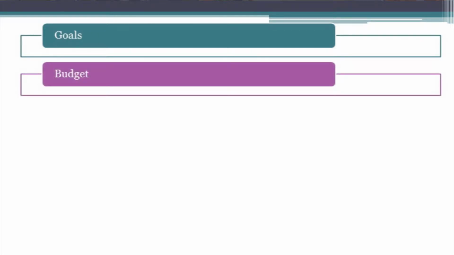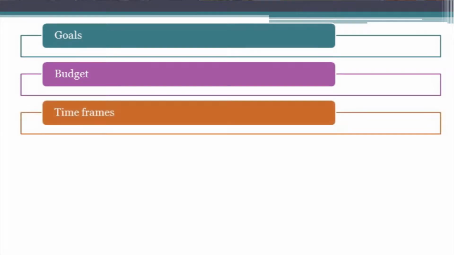Then there is some key information that you want to really focus on, and that's starting with the goals. It is very important to outline your goals of the project and what your expectations are. It's also important for the vendor to understand what your budget constraints are and the time frames. Are they able to meet it in 6 months or 3 months or a year?